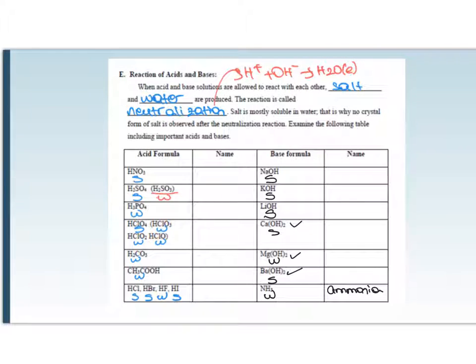Now what about their names? The first one is hydrogen nitrate. The second one is hydrogen sulfate, known as the oil of vitriol. And phosphoric acid. Hydrogen perchlorate.